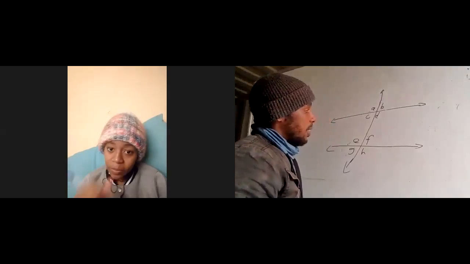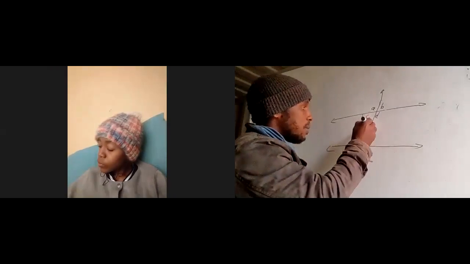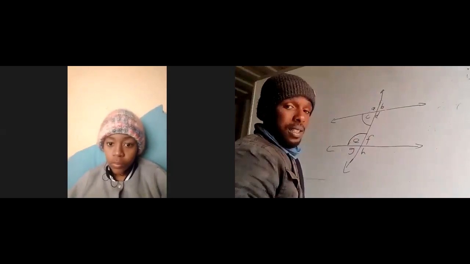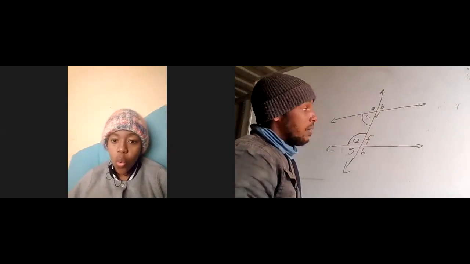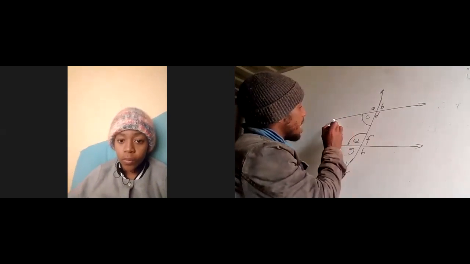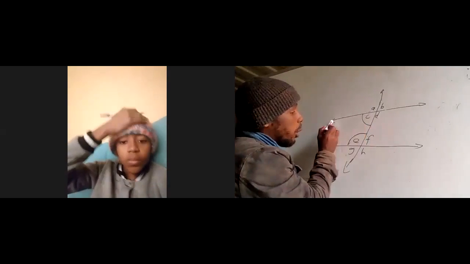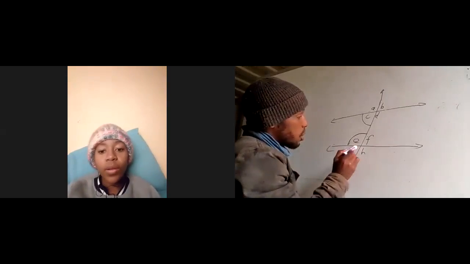Now, if we take angle C and angle E, the angles inside, like this one is inside this. You see that shape?